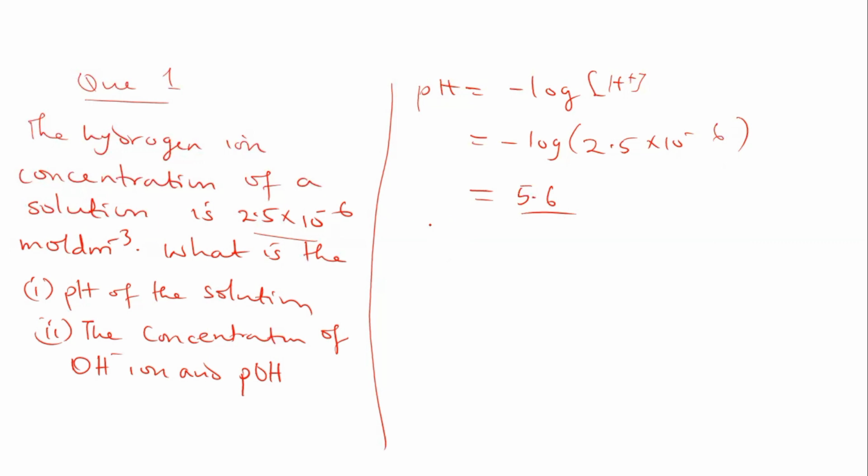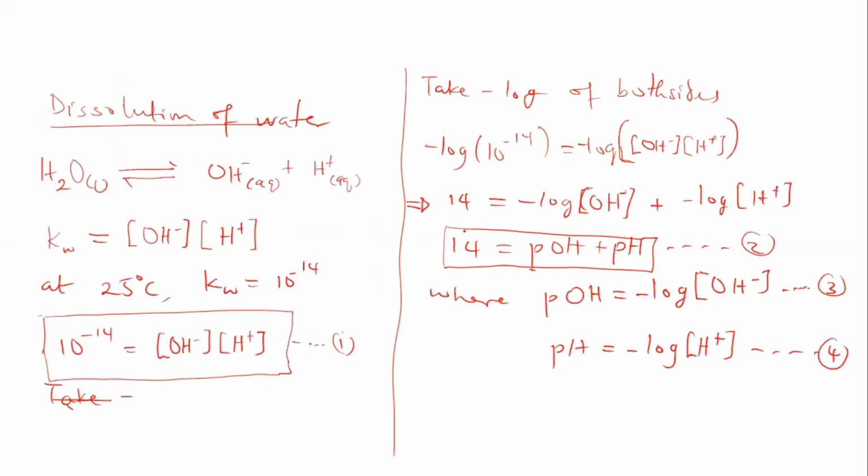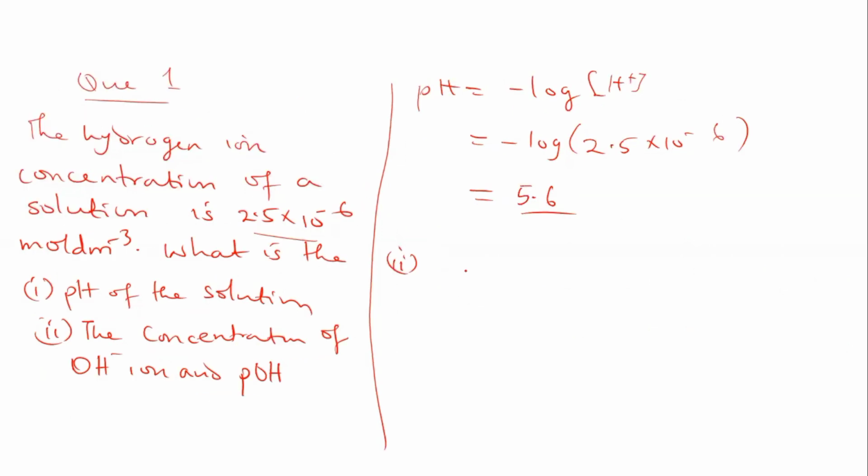Okay, so now question number 2 says that we should calculate the concentration of the hydroxyl ion. So you will know from equation number 1 that the hydroxyl ion multiplied by the hydrogen ion gives 10 raised to the power of minus 14. And so we just apply that.